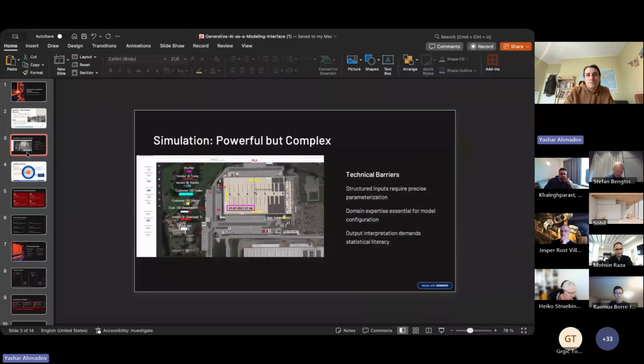And now we are kind of at a crossroads, right? For years, we have been telling that simulation is a very powerful tool. It's a very powerful paradigm, but we haven't got to a place of mass adoption.